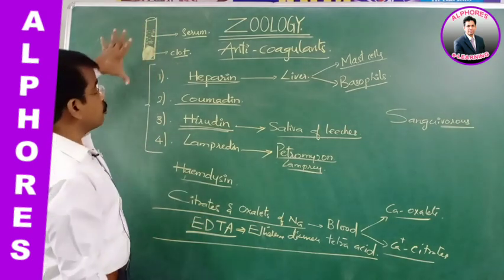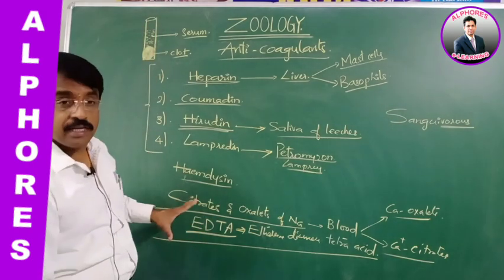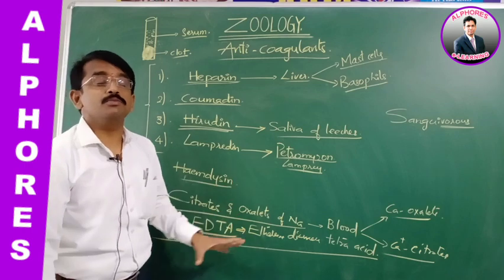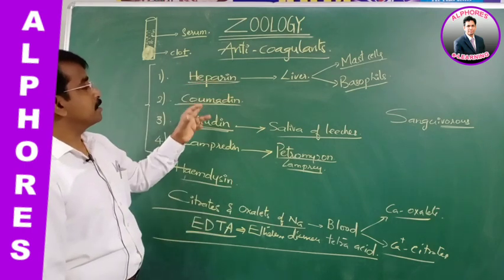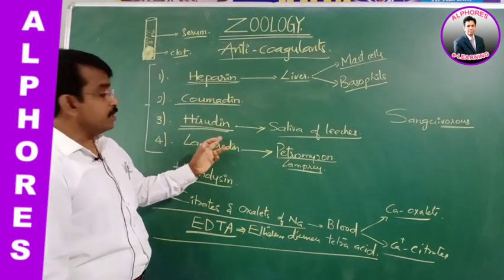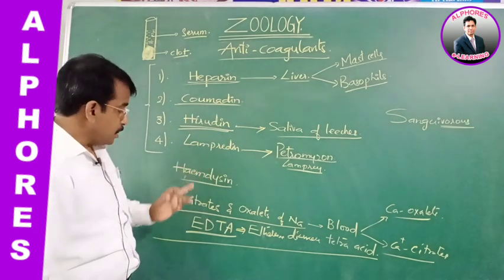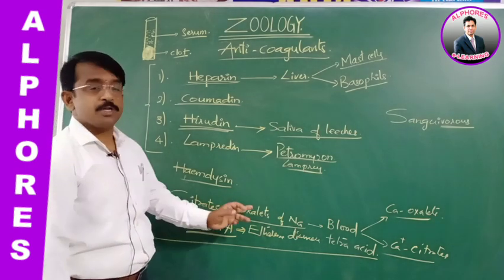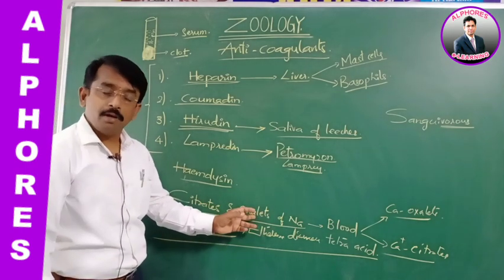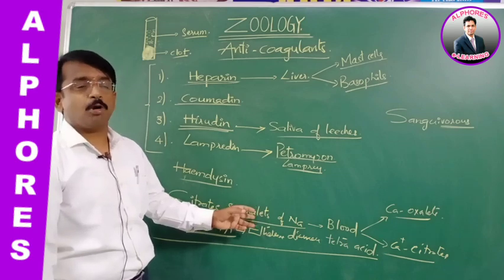So, anticoagulants and the calcium removers. Anticoagulants are heparin, coumarin, iodine, lamprey, and the calcium removers are citrates and oxalates.